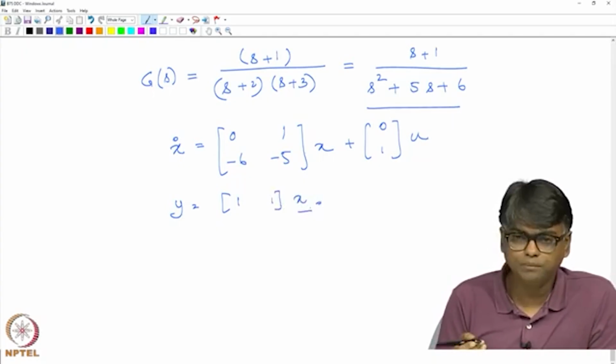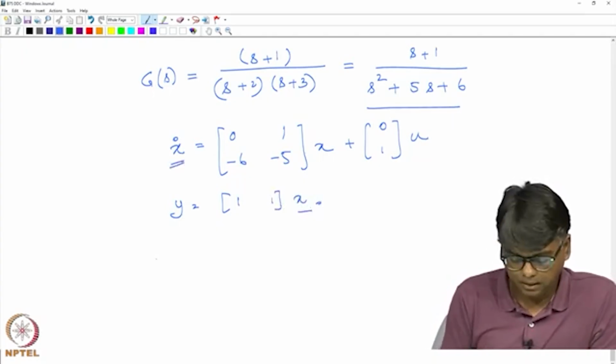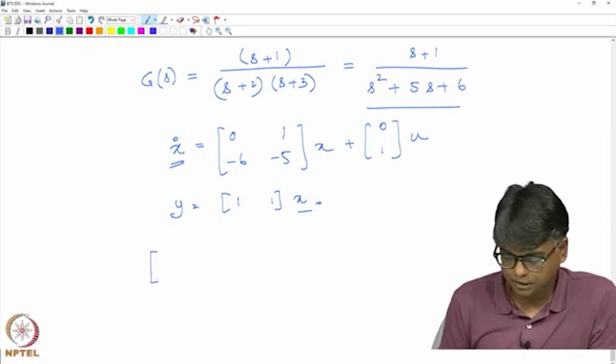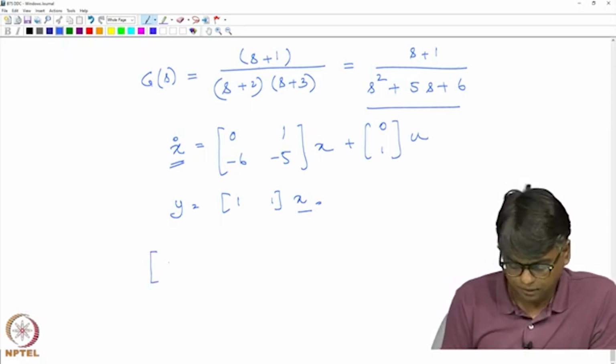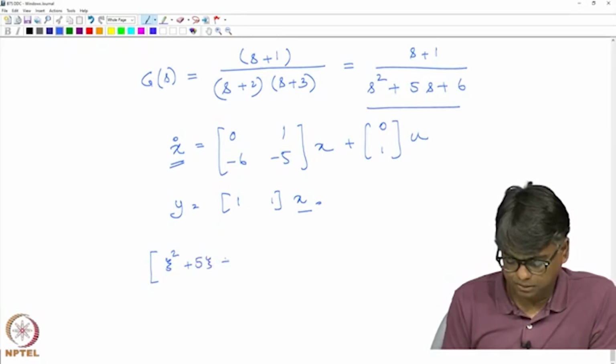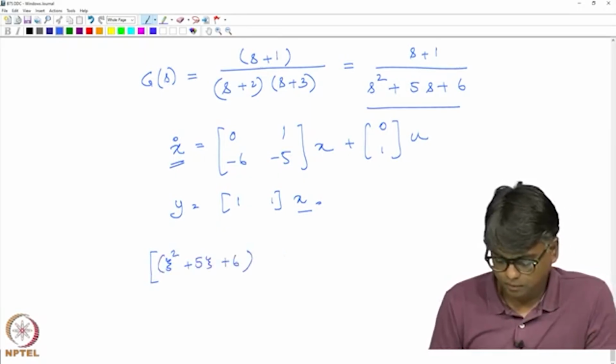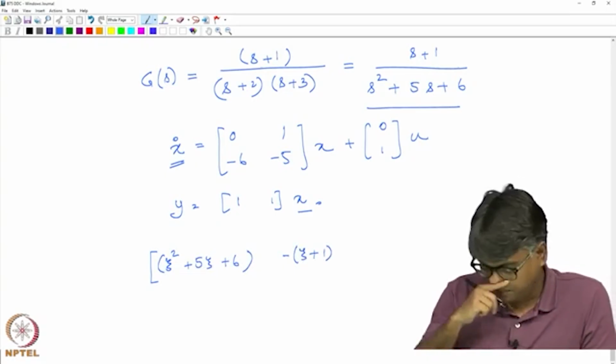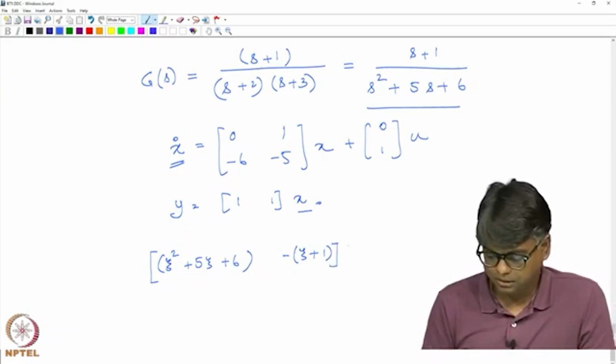From here we eliminated x to obtain a kernel representation involving y and u, which looked like [ξ squared plus 5ξ plus 6, minus ξ plus 1] acting on (y, u) equal to 0. This minus can be here or here, it does not really matter, because it is a kernel representation.